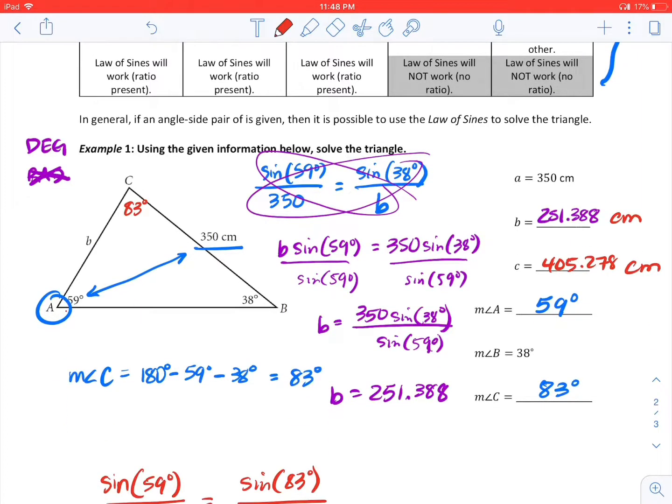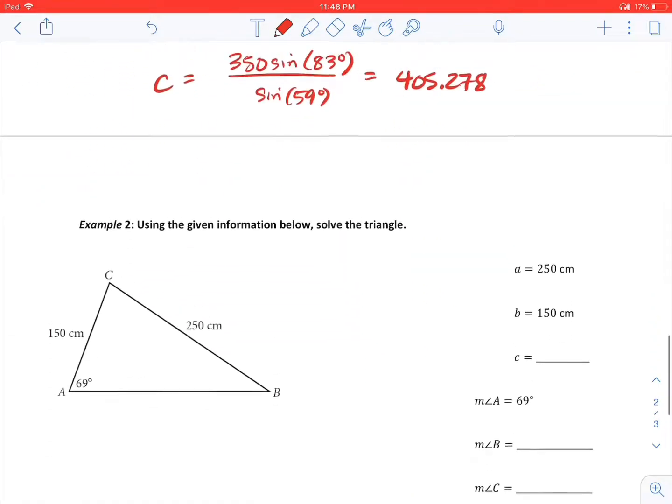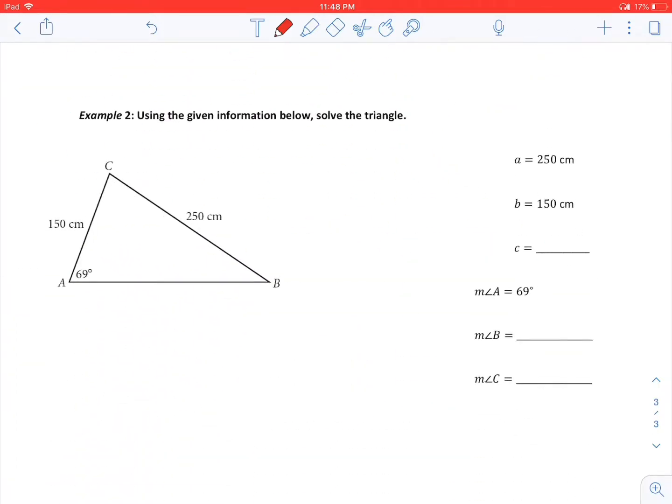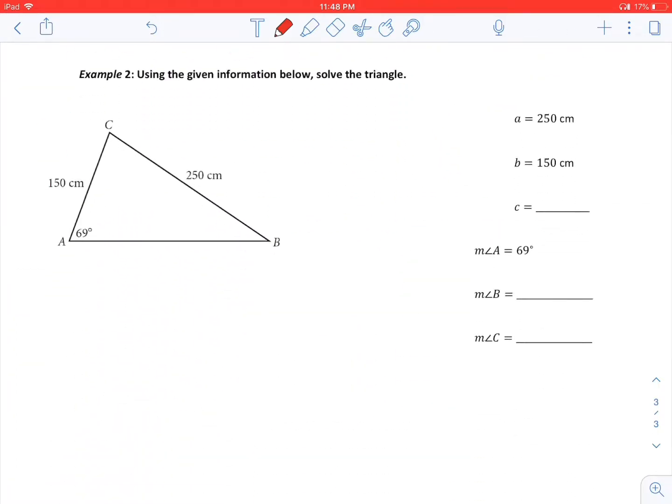It's not always going to be as simple as that, because it gets a little more intricate in the case of using the law of sines where you're only given one angle measure and you might need to solve for other angle measures. So in the second example, that's what we're going to end up doing: we're given two side lengths and an angle measure, and we need to find the other angle measures.